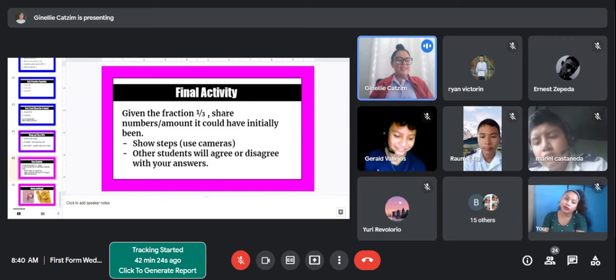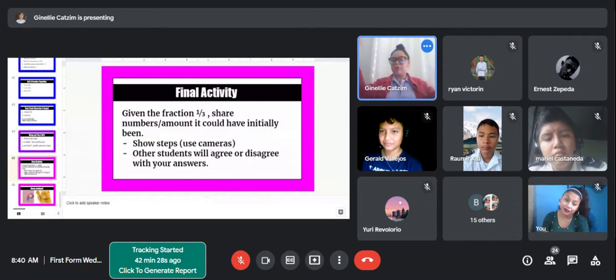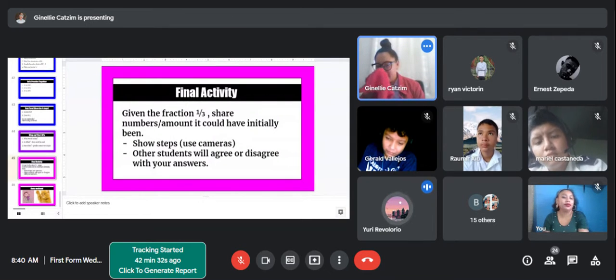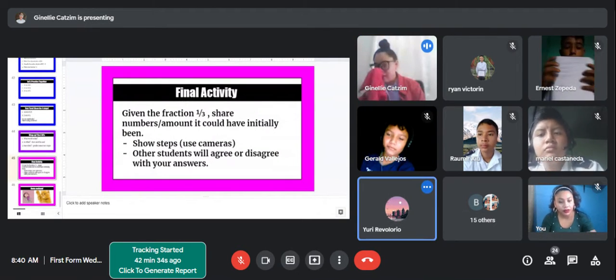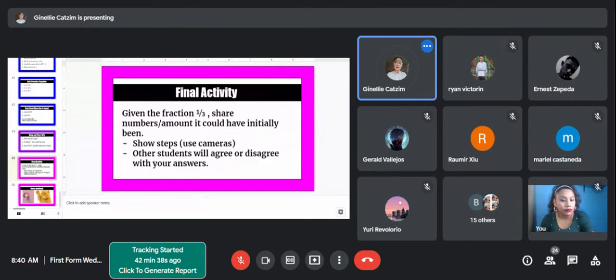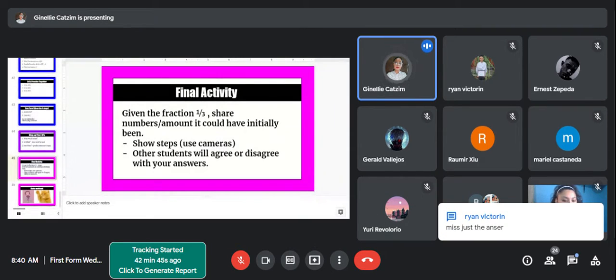Okay, so let's give 2 minutes more to the students, or to all of you. Miss, what do we need to do? Given the fraction 1/3, share numbers or amounts that it could have initially been.